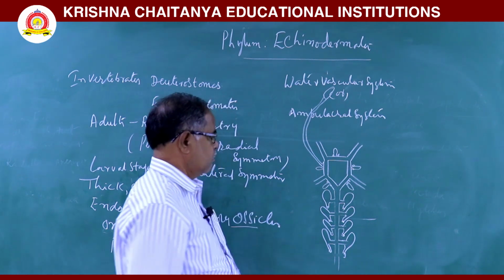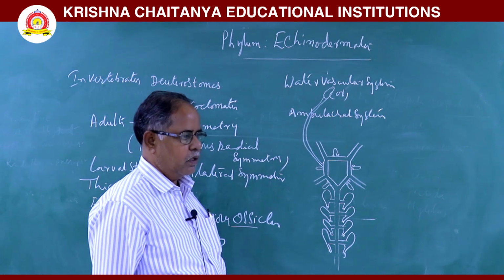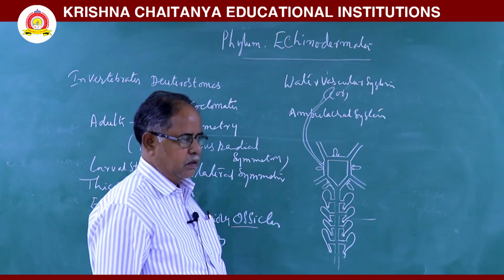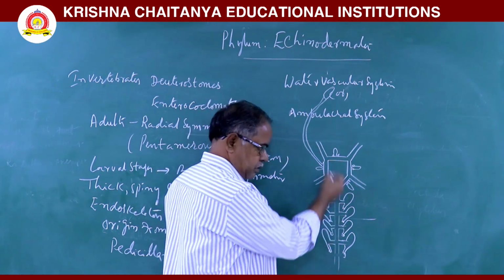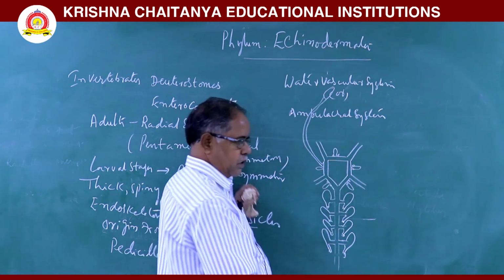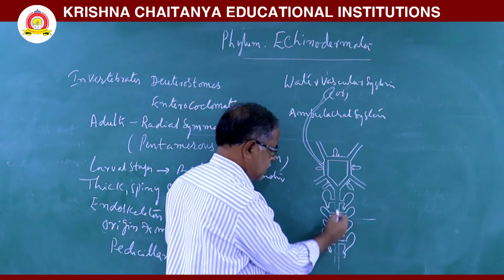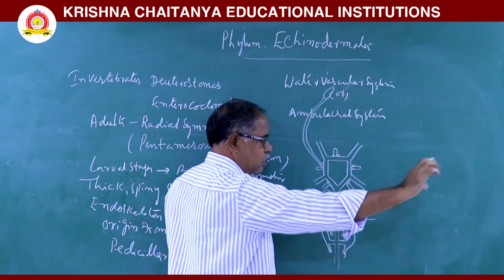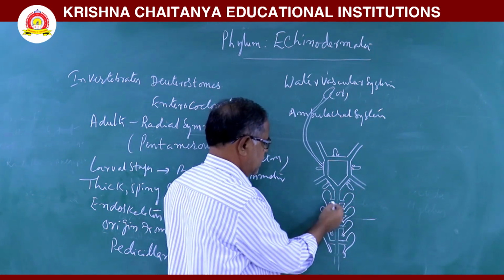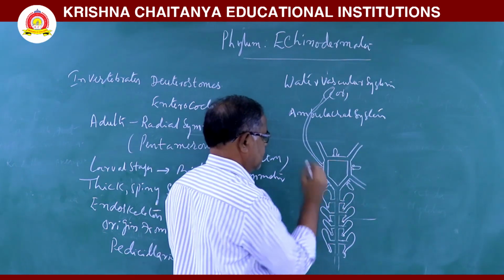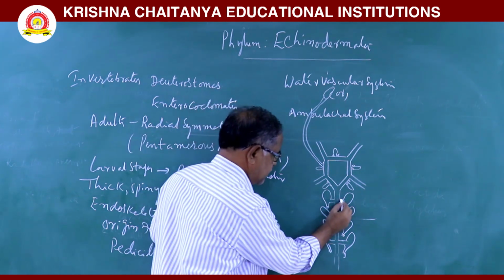So, this is a water vascular system. In these animals, 5 arms are there. On the oral side, in the mid line of this arm, one groove is there. This groove is called the ambulacral groove. In this groove, the radial canal is there. Here 5 radial canals are there. This is the circular canal.